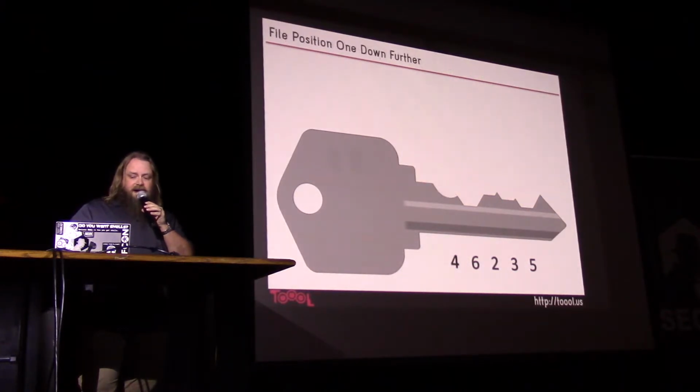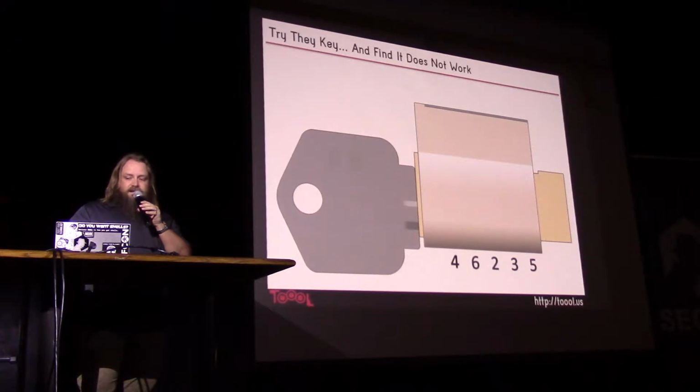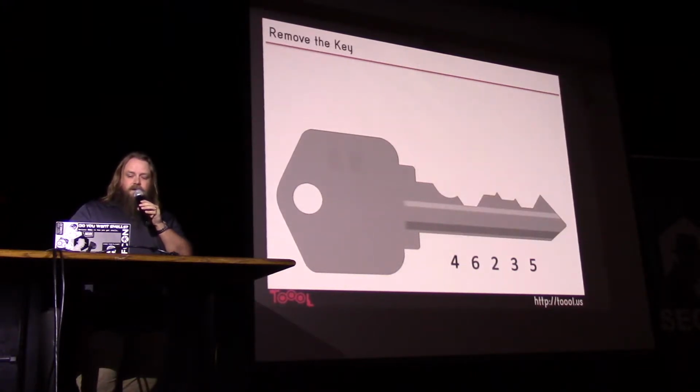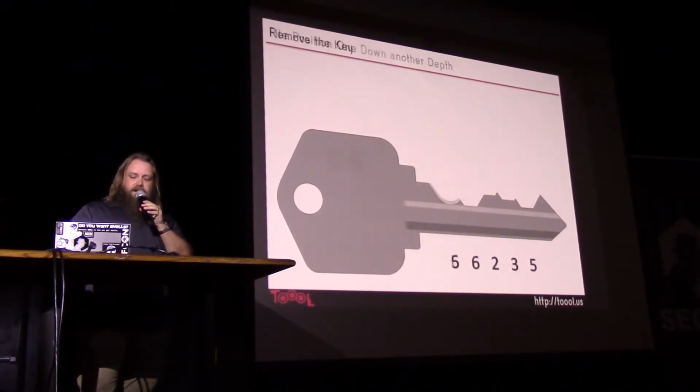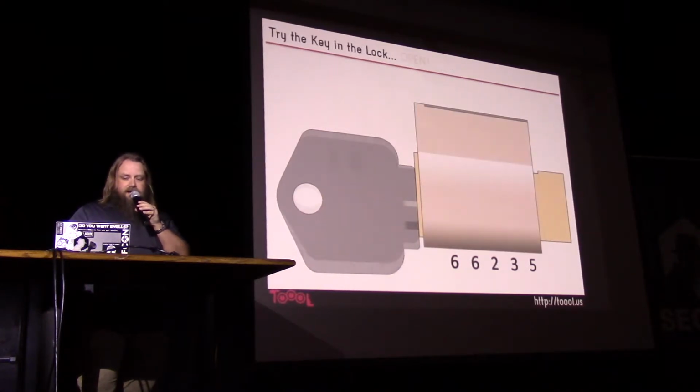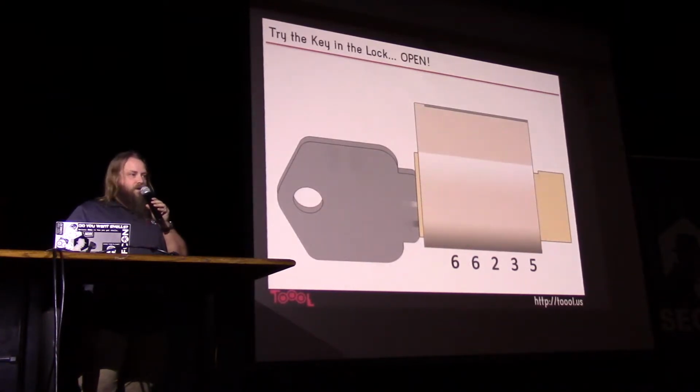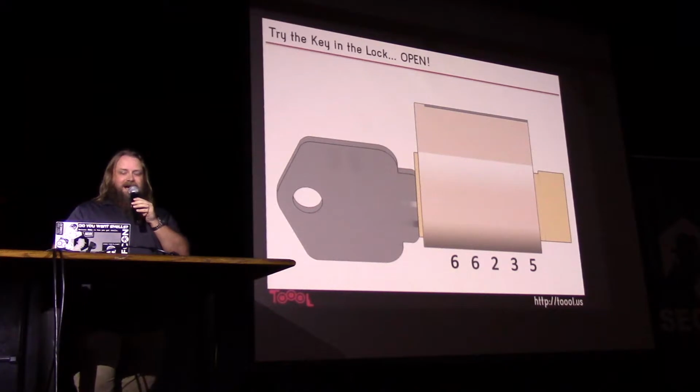So we're going to file down 1 more position to 4. We're going to try that. That doesn't work. Remove. We're going to go down to 5. Try the key. Still doesn't work. Remove it. Get down to a 6. Try it. Voila. So what we've just found, we have found a master pin in that first position.